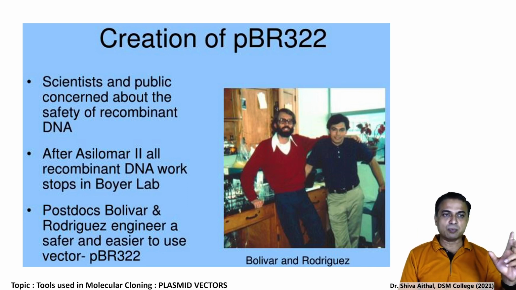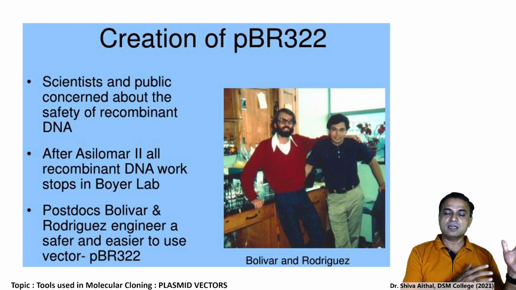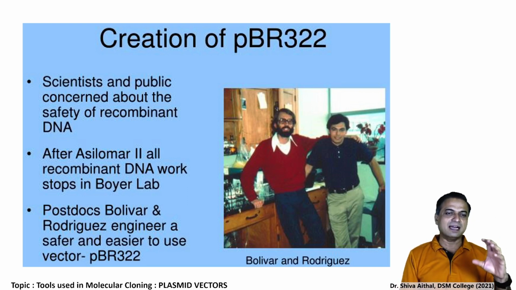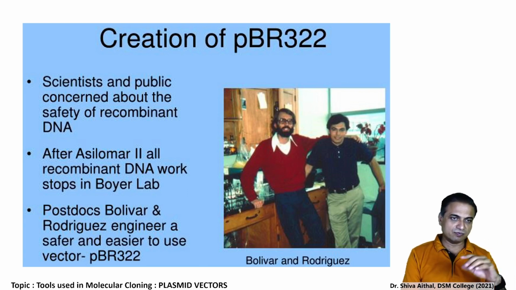The scientists and public were concerned about the safety of recombinant DNA technology, and after the Asilomar conference, all recombinant DNA work done in the Boyer labs was under some doubt and confusion. In those times, two postdoctoral fellows, Bolivar and Rodriguez, engineered a safe and easy to use vector which was named on their initials, pBR, B for Bolivar and R for Rodriguez, and 322 is the series. We will come to that.